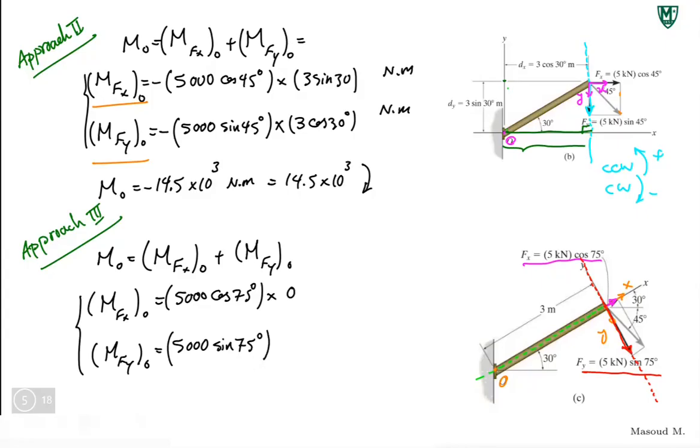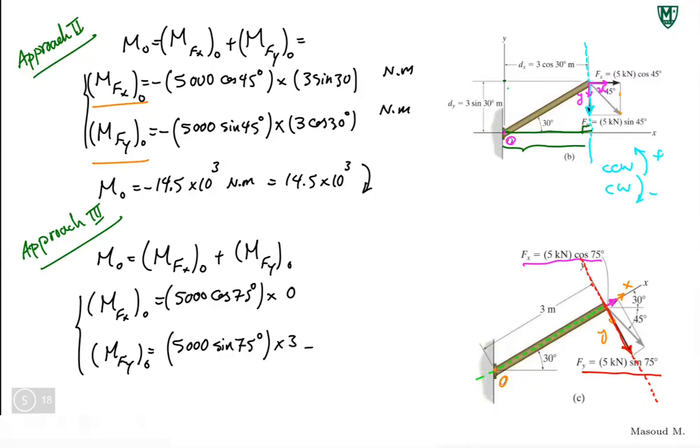Right. Now, what is the perpendicular distance between the line of action for force Fy and point O, we're finding a moment about? What is D? Is it just 3? It's 3, exactly. So that becomes 3 times 3.